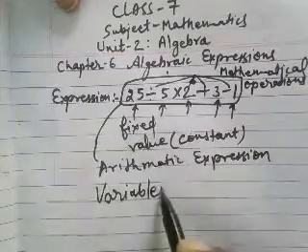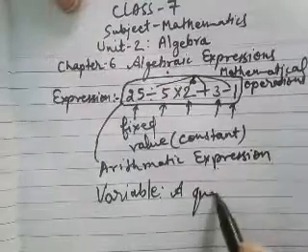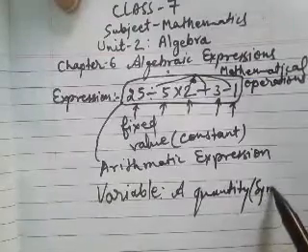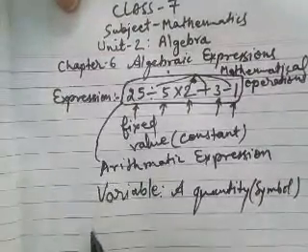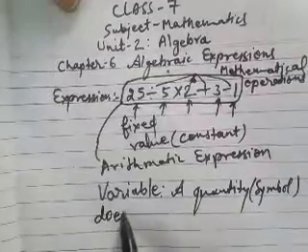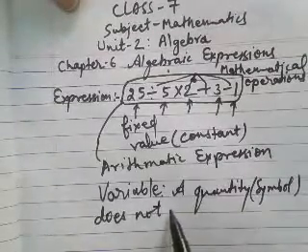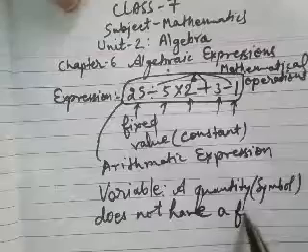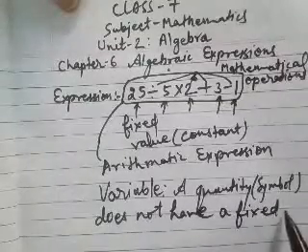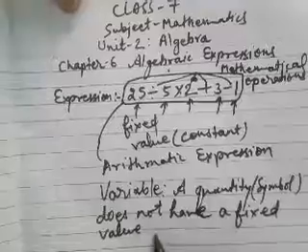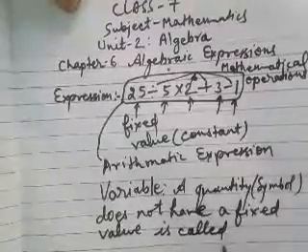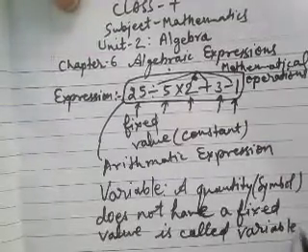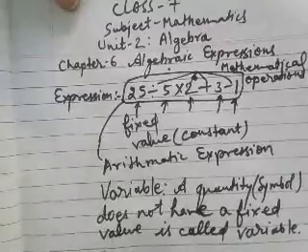A variable is a quantity, or we can say a symbol, that does not have a fixed value, and these are denoted by using some symbols.